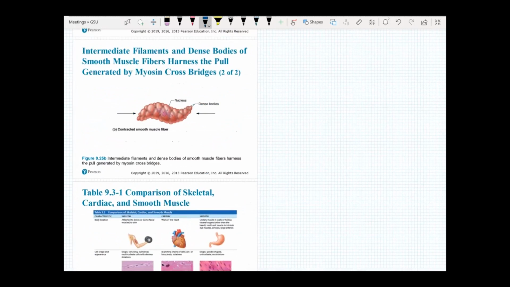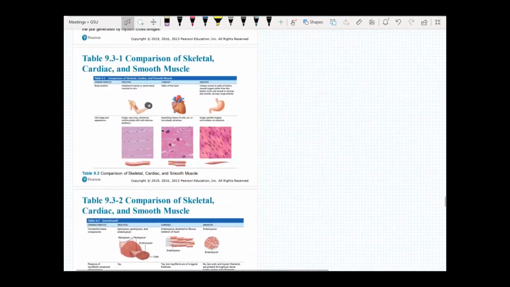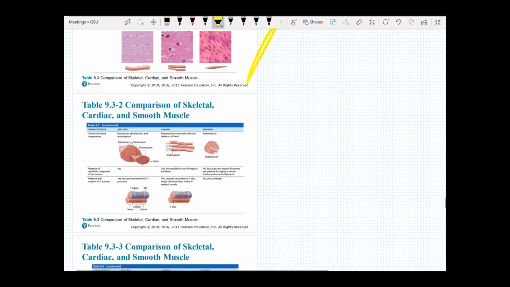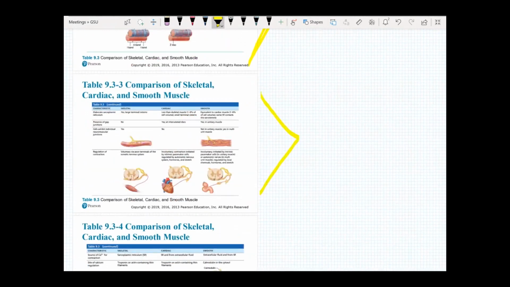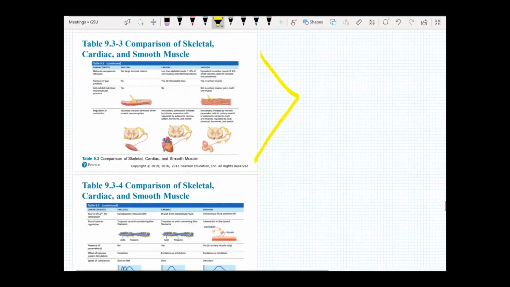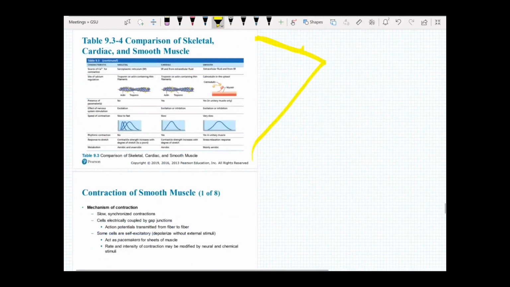So here is a reminder of the comparison between skeletal, smooth, and cardiac muscle. This is a great review to see those three. Here is another great review, and these are great to be able to compare. If it comes down to cardiac, we haven't really talked about that.